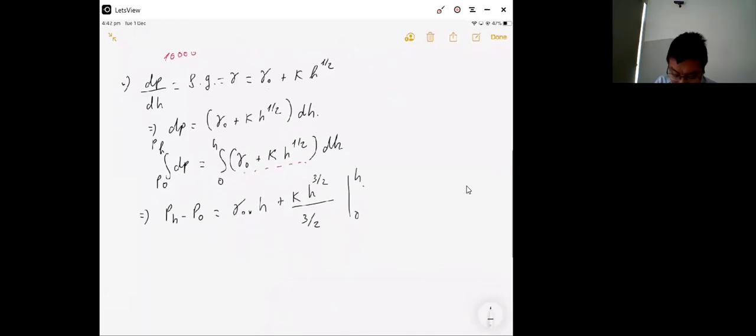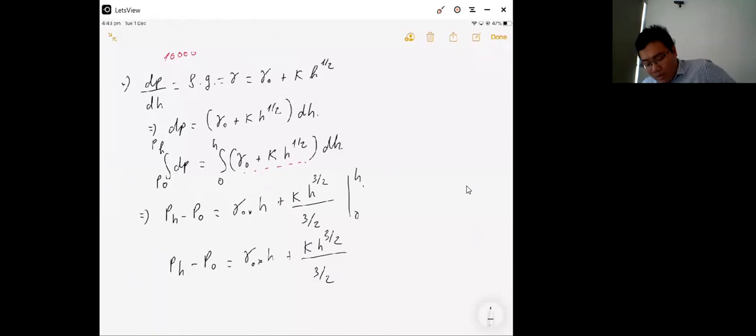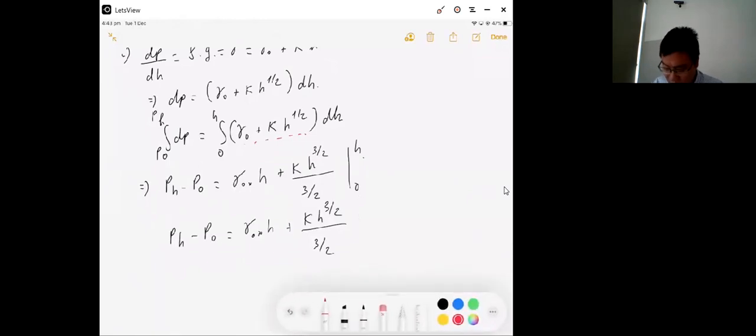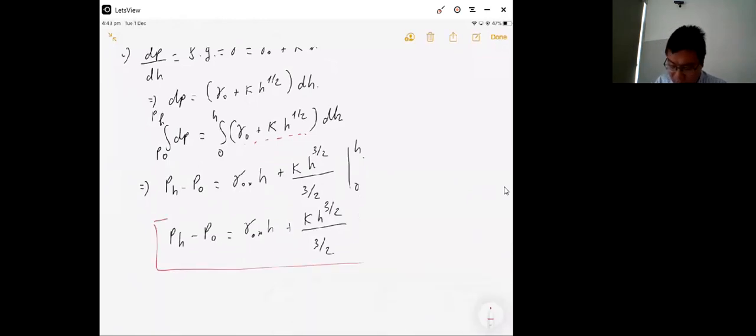Or you have PS minus PO equal to gamma O S plus K S^(3/2) divided by 3/2, because at S equal to 0, gamma O times S is 0 and K times S is 0. So you will have the new equation to find pressure if the density is not constant.